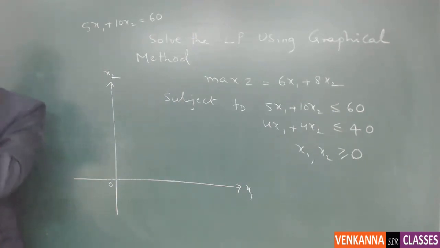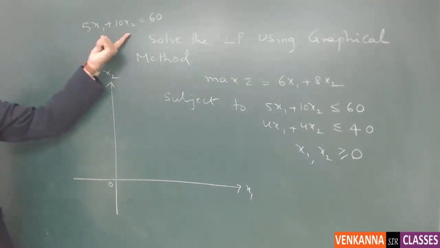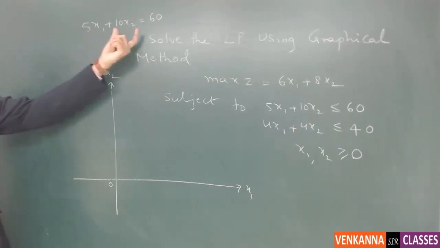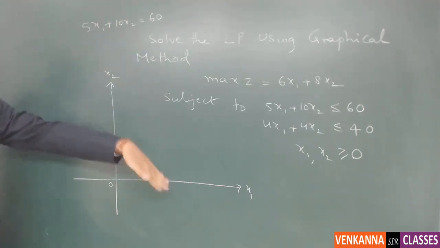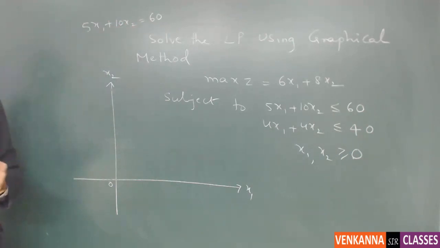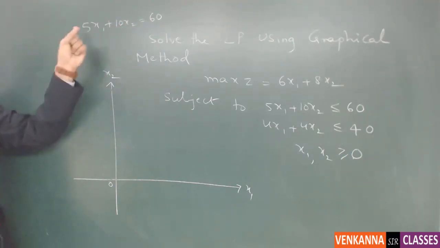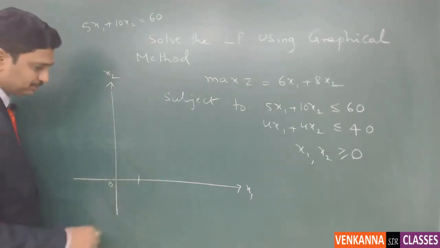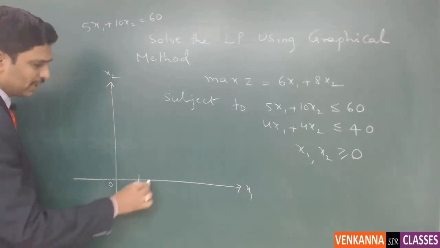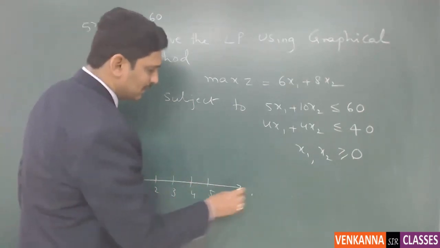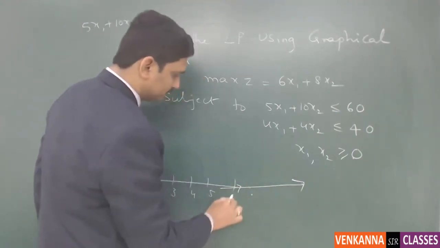Right. So just give me the points where this straight line cuts the axis. If you put x2 equal to 0, what will be x1? 12, and another one is 6, right? So let us draw that. Say 1, 2, 3, 4, 5. Let us extend this also.